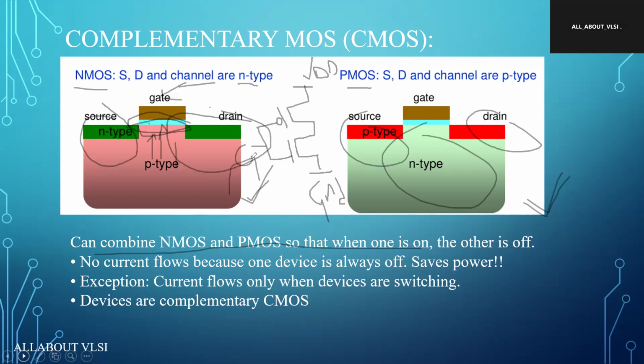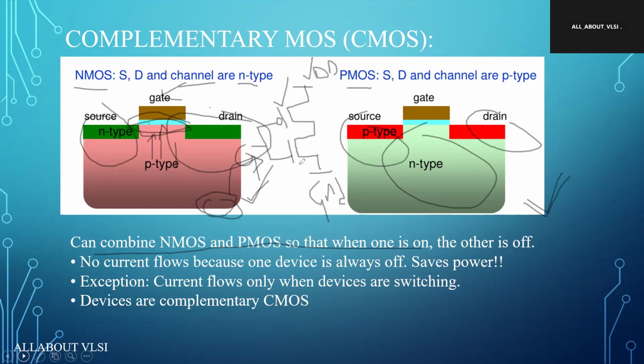So here we are applying some input at the gate, right? So let's consider 1 minute. Okay. So if you are giving 0 as the input to the gate, at that stage PMOS will be on, right?